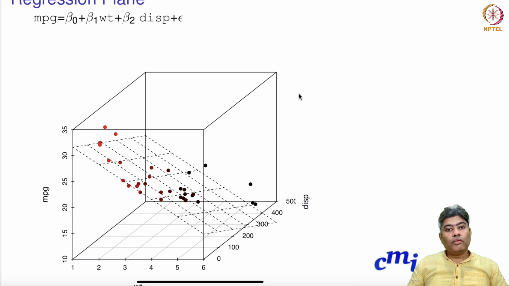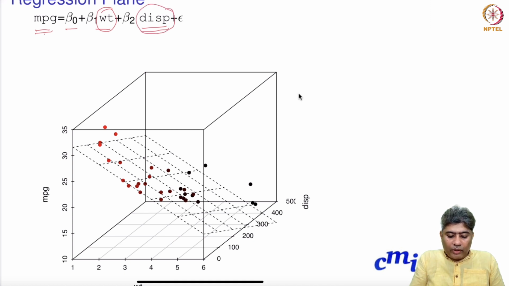Next, we already had beta naught plus beta 1 times weight. Now we are going to add a second independent variable. Miles per gallon is our target or dependent variable. The first independent variable that we consider in the model is weight, and the second independent variable we are going to consider is displacement.